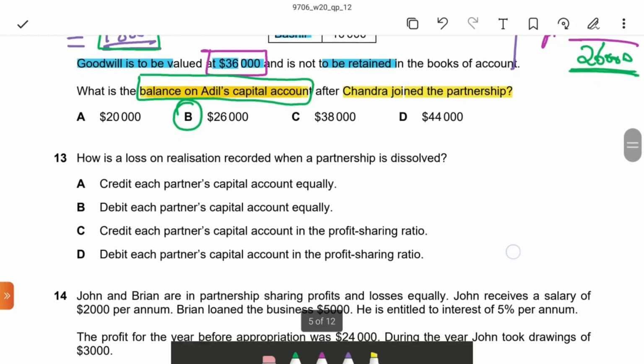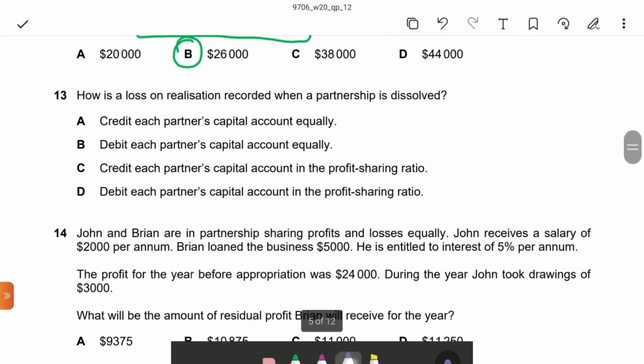Next, question number 13. How is a loss on realization recorded when a partnership is dissolved? Options are given. Credit each partner's capital account. Loss means it will be debited. It will be taken from the capital.